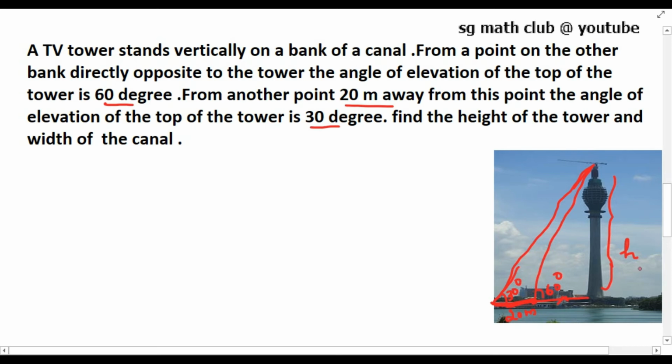So we need to find, two questions are there. One is the height of the tower and second one is the width of the canal. We will take the width of the canal as x and the height of the tower as h. Now we will draw the right angle triangle and then we solve the problem.